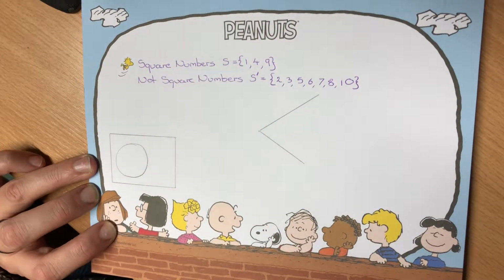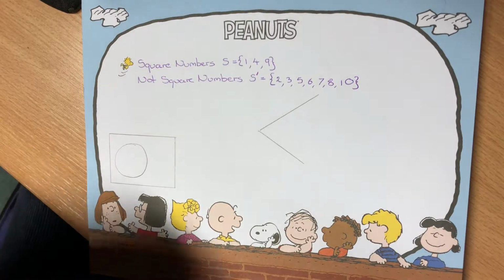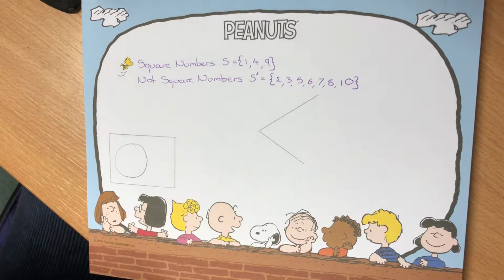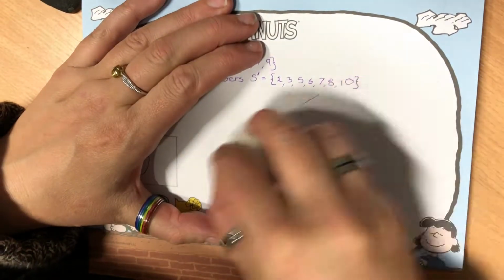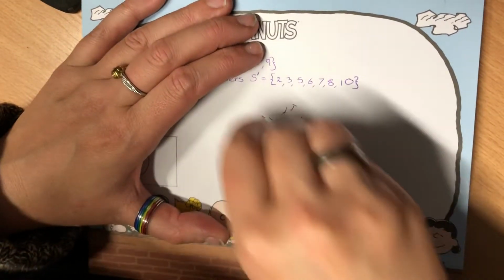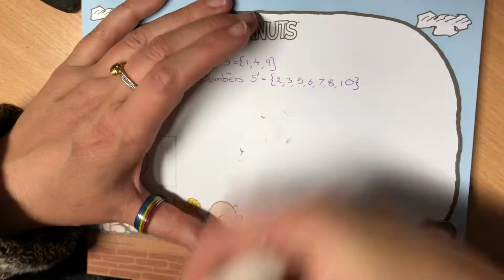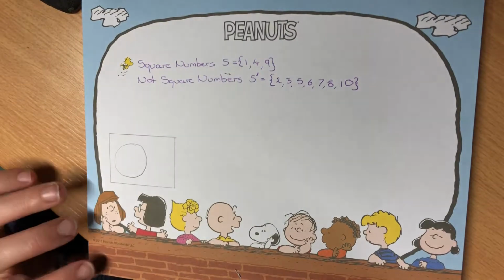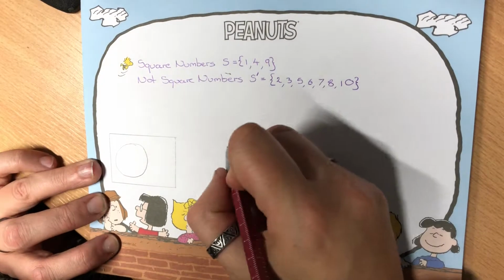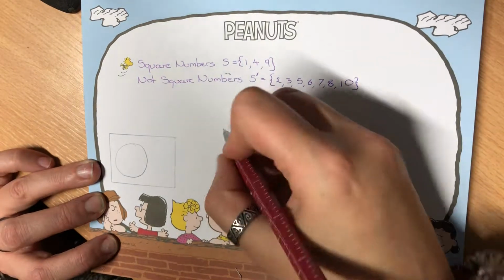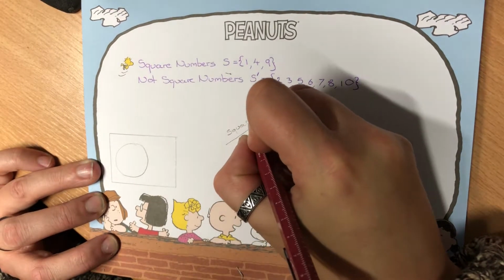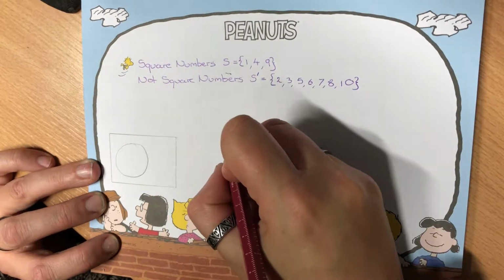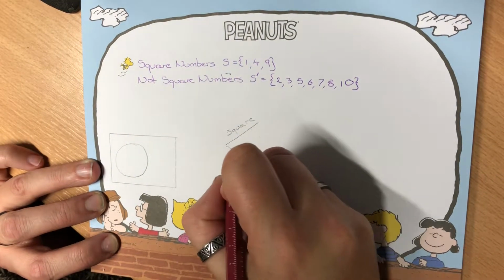So, if we're looking at this from the point of view of a tree diagram, then our first section is going to have to be whether or not a number is square. So, on our tree diagram, we would have square, or we could write S, and we would have not square.